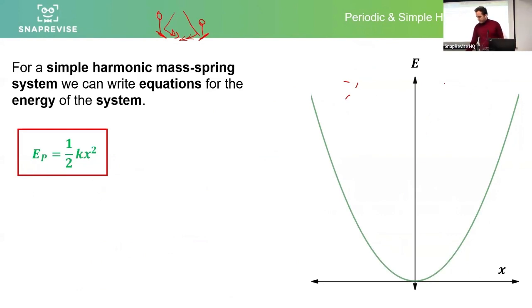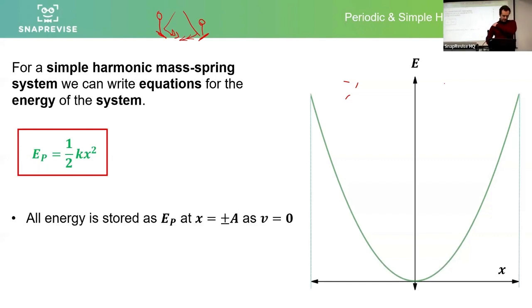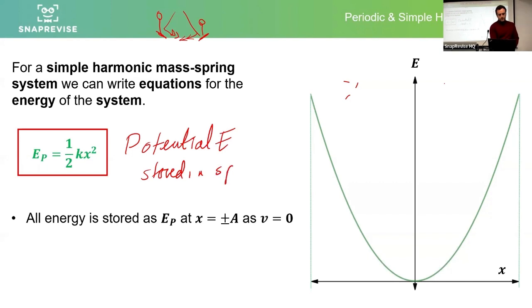Okay, for a simple harmonic mass spring system, we can write equations for the energy of the system. Again, we won't worry with the derivation for this equation, but the energy of a spring is ½ kx squared. And that's elastic potential energy stored in the spring.